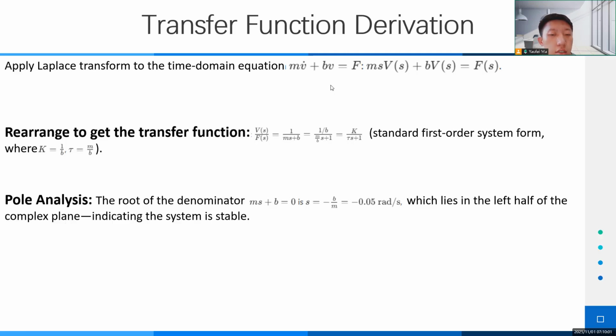It's in the left half of the complex plane. So our system is stable. That means if we apply a force, the mass won't keep moving faster forever. It will settle into a steady speed.